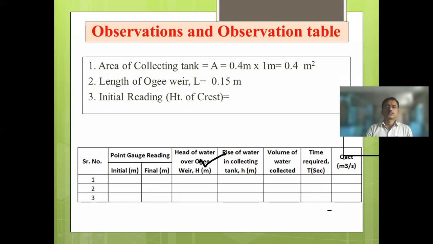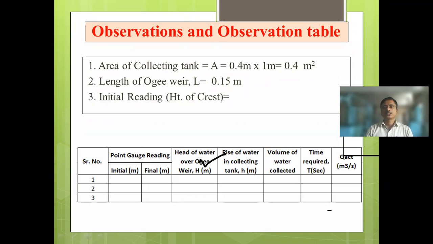So the observation table: serial number, point gauge readings. In that, two columns, initial reading and final reading. Next column, head of water over the Ogee weir, capital H. This is nothing but final reading minus initial reading.